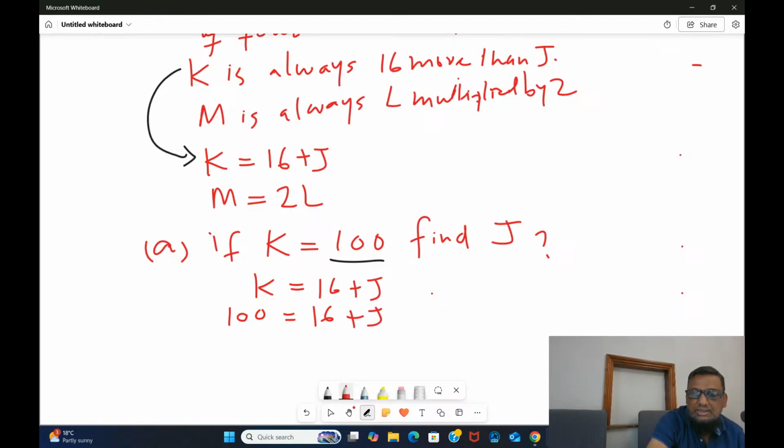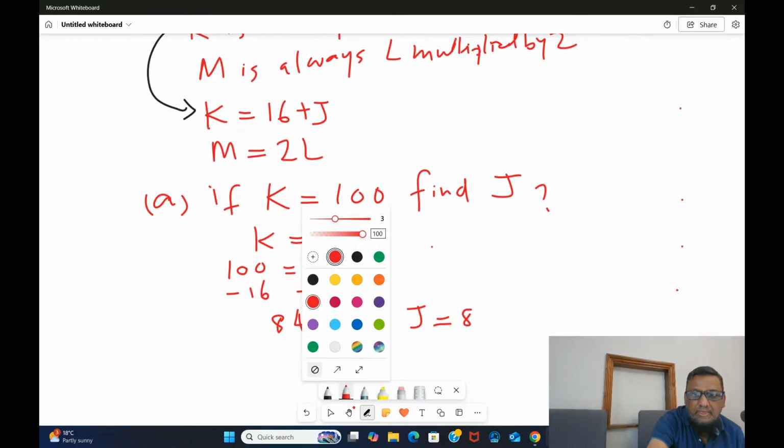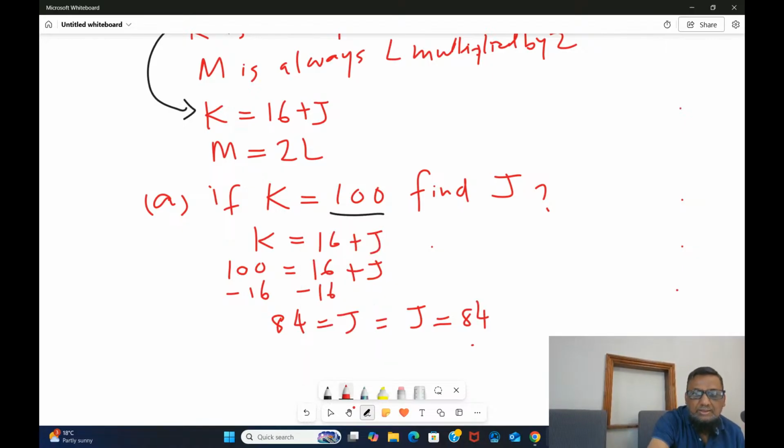We can take away 16 from both sides. So the value of J equal to 84. Simple, easy. This is the exam question.